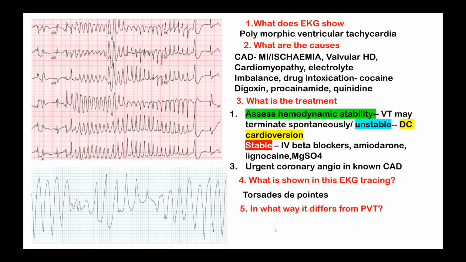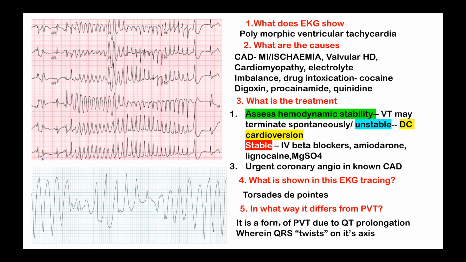The QRS complex, sir. It will be narrow, it is wide here. It's a form of PVT due to QT prolongation. Okay, and then the QRS twists on its own axis. So the QT prolongation will be there in this compared to that.